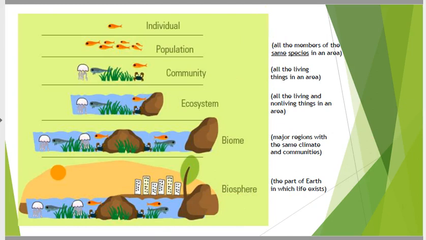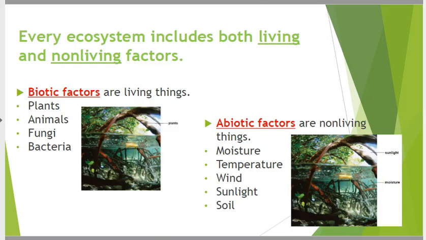Now, we said up here in the ecosystem it was all living and non-living. We have words for those. If it's a living thing, it's called a biotic factor. That prefix bio, life, living thing. So if we're looking at this picture here, we have plants, we got trees, we got grasses in the water, things growing in there.